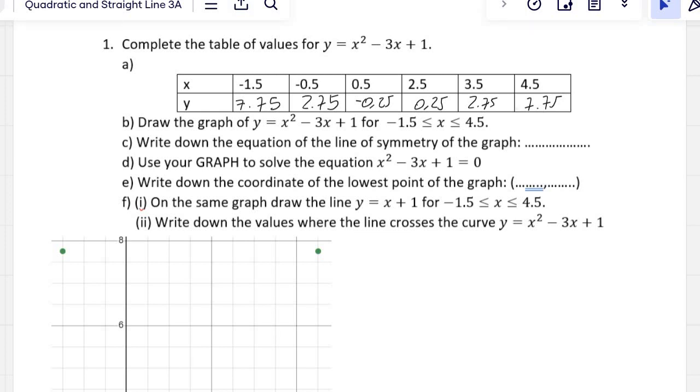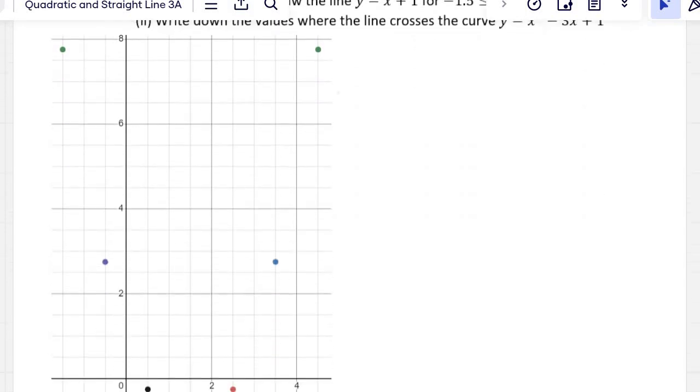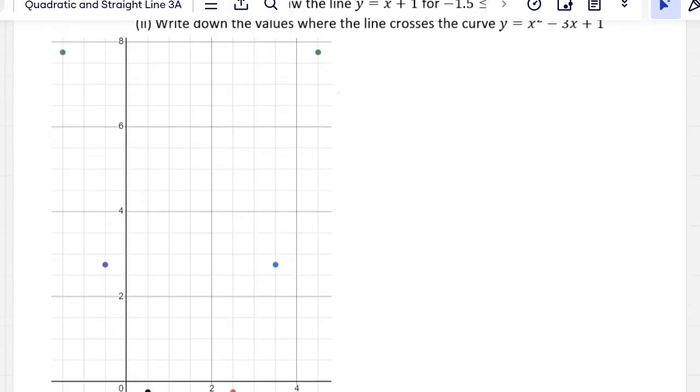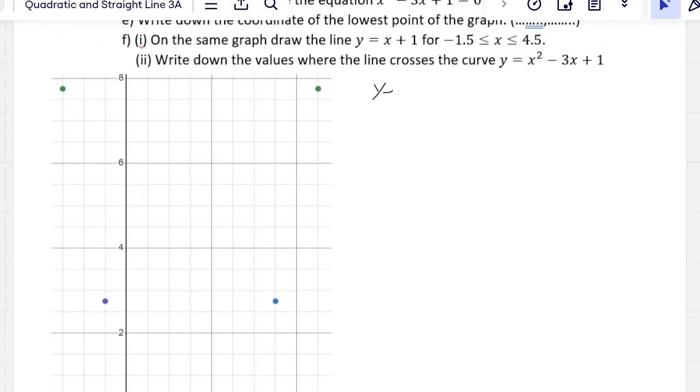Now it says draw the graph for that same equation between this range of values, minus 1.5 and 4.5, which are the values that we have here in our table. Remember, when you have to draw a graph, besides the points that I have already put in the x-y axis, you need the y-intercept, also known as coordenada origen in Spanish, and the vertex.